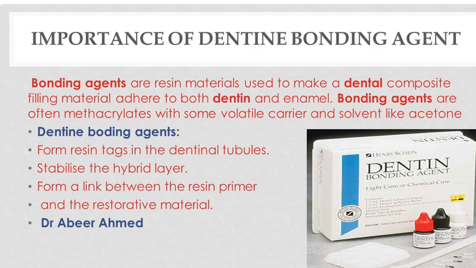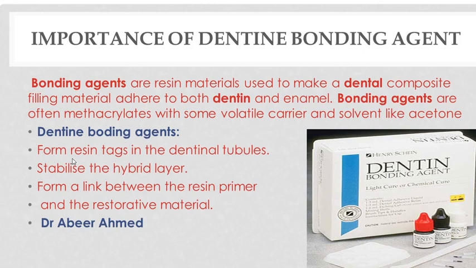Importance of dentine bonding agents. Bonding agents are resin materials to make a dental composite filling material adhere to both dentin and enamel. Bonding agents are often methacrylates with some volatile carriers and solvent like acetone.